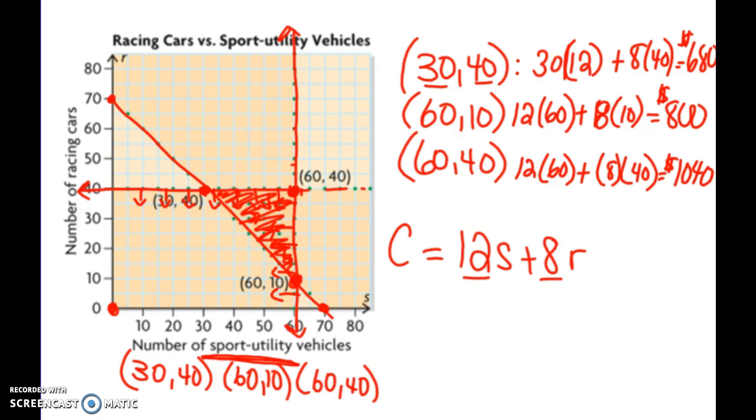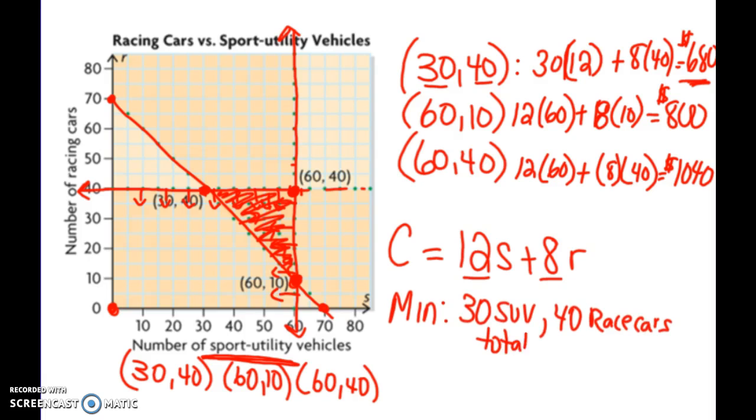So the question at the very start of this was, which combination of these two types of vehicles will result in a minimum and a maximum production cost? The minimum production cost is $680 because that's the smallest number. So the answer for the minimum would be 30 SUVs, 40 race cars, totaling $680.